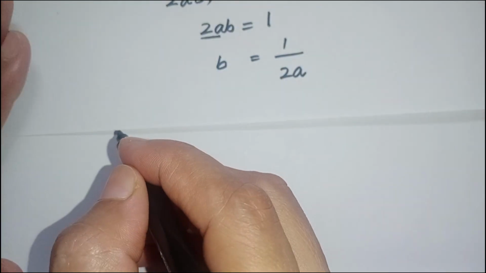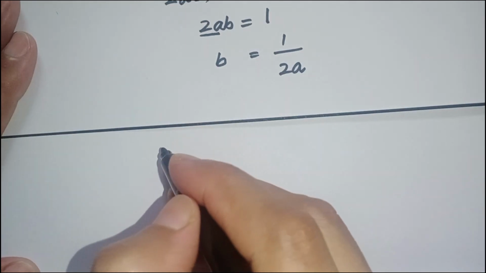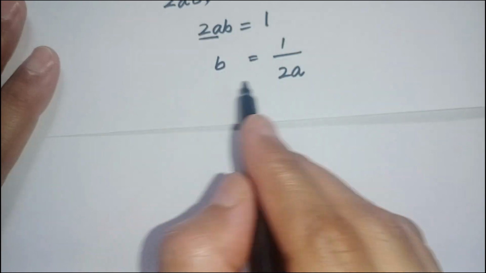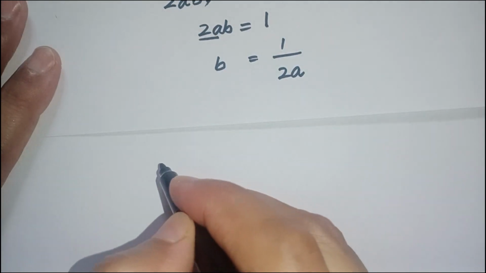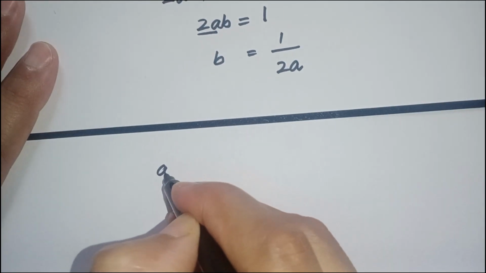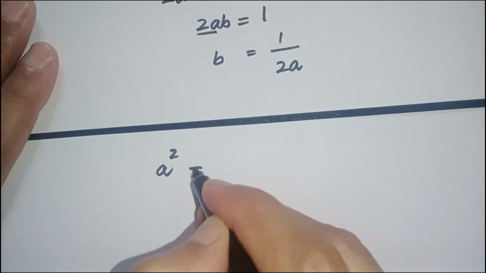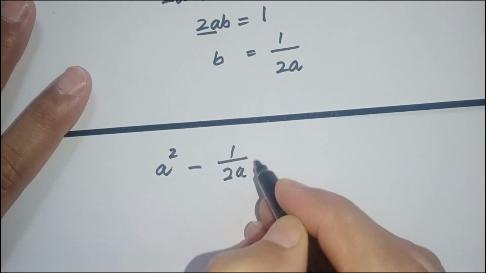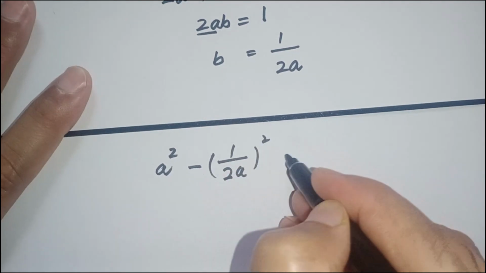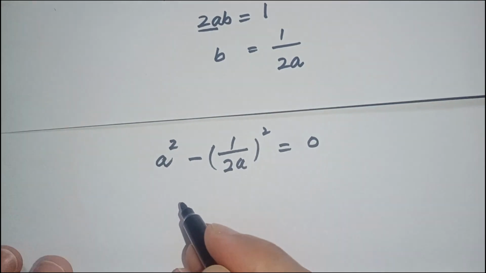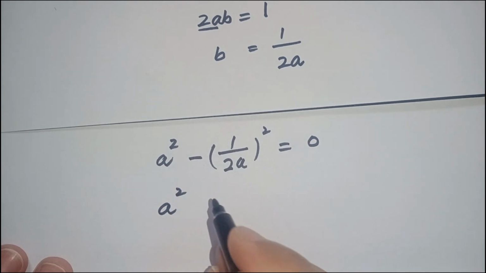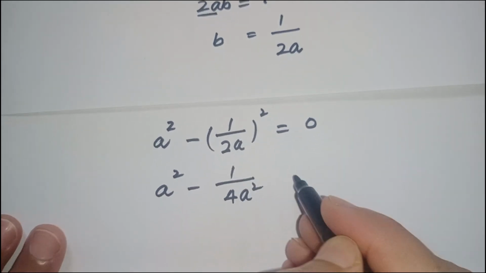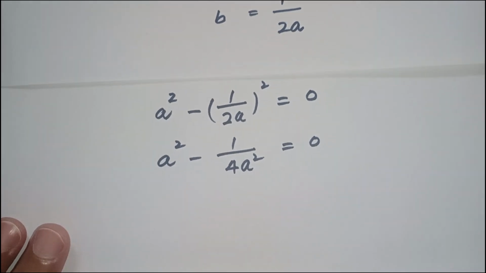Now we will plug this value of b into the first equation. We write a squared minus 1 over 2a whole squared is equal to 0, so a squared minus 1 over 4a squared is equal to 0.